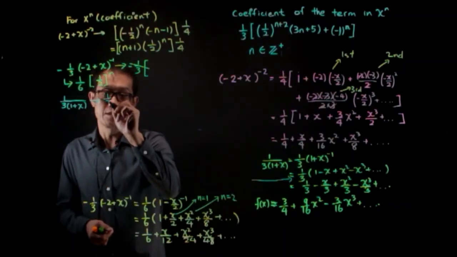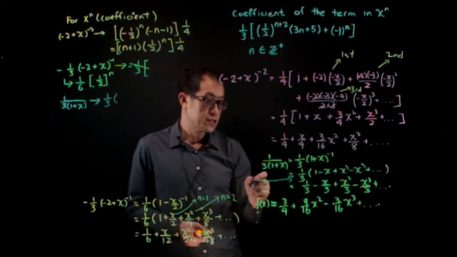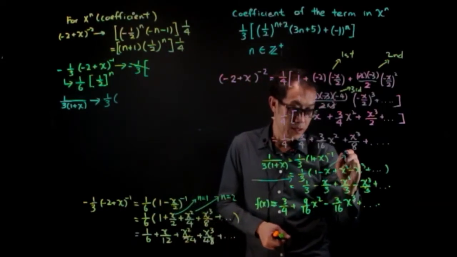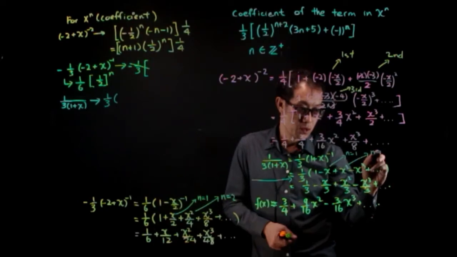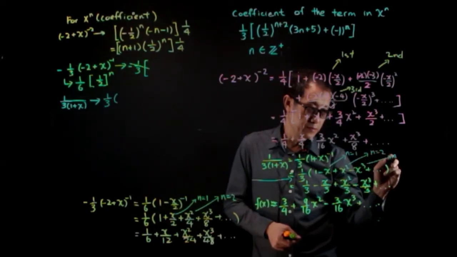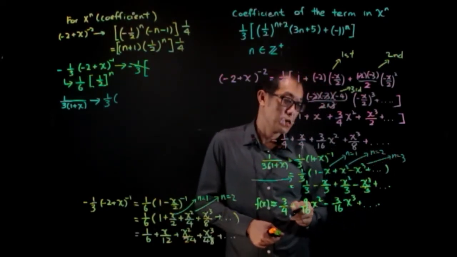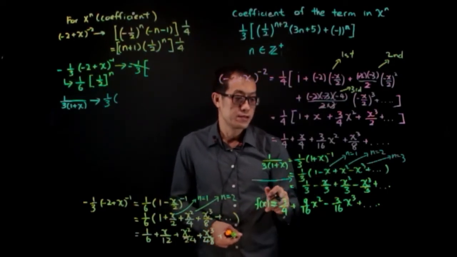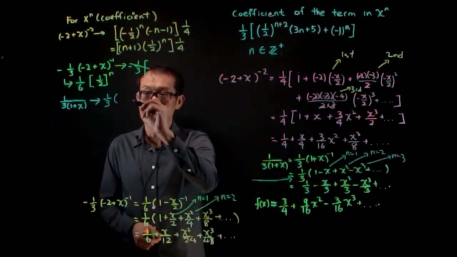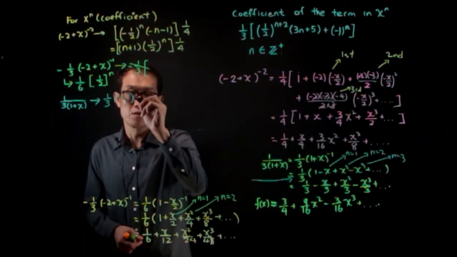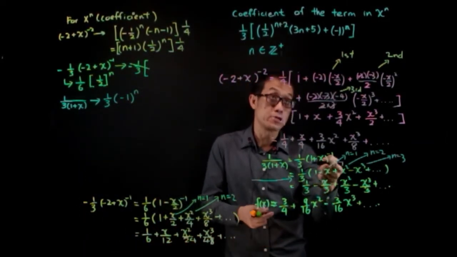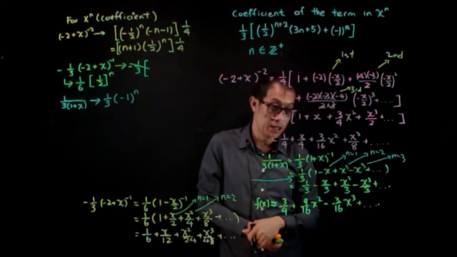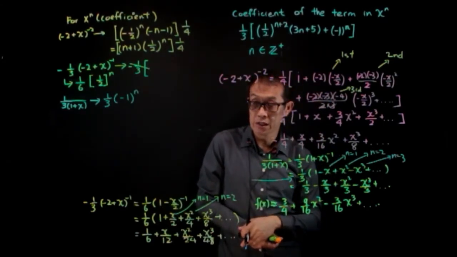So you have 1/3. Now this is when n is 1. This is when n is 2. This is when n is 3. You find that this expression is minus 1 to the power of n. We don't need to write the x because we are only interested in the coefficient.